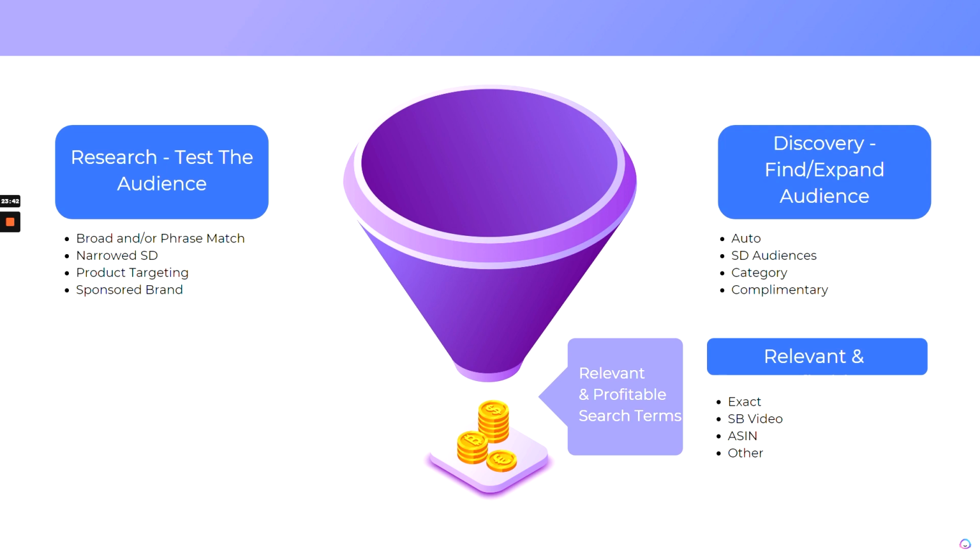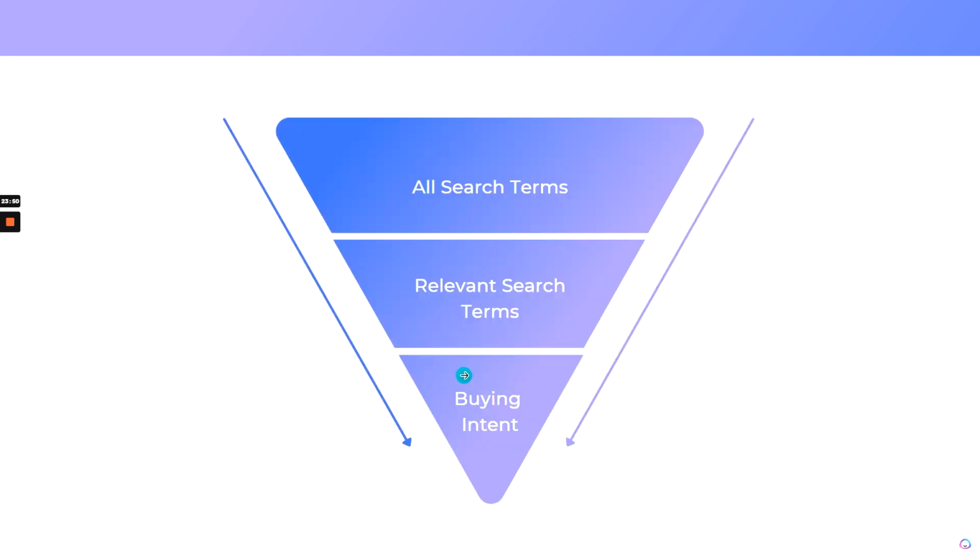So if you are operating in a phase where you only want to hang out where there's relevancy and high buying intent, you're going to have a lot of exact terms, and you're going to utilize the phrase match campaigns differently than almost any other strategy. This comes down to your high buying intent exact terms.